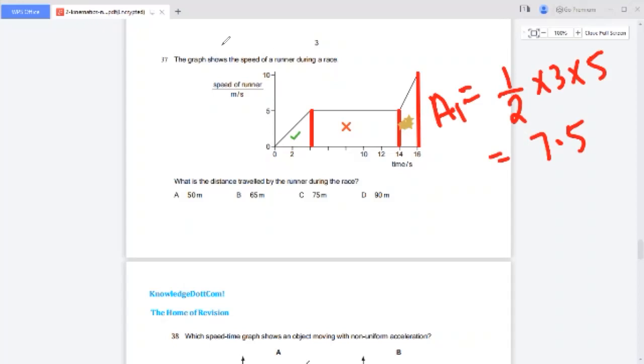Second is A2, the area of the rectangle. The rectangle starts from 3 till 14. So 14 minus 3 is 11, and height is 5, which is equal to 55.